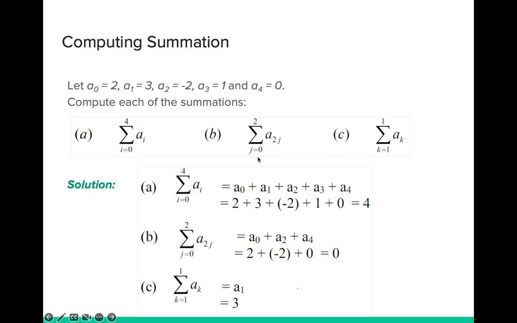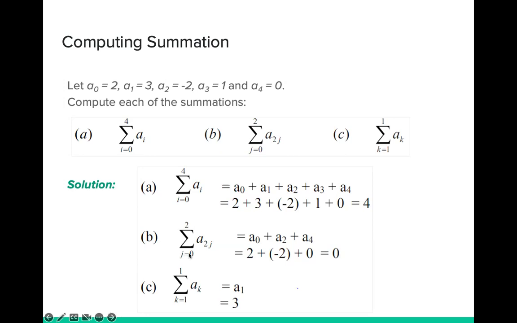So what about the second example? We have the summation from j equals 0 to 2 of a sub 2j. What would be the index of the summation? That would be j.